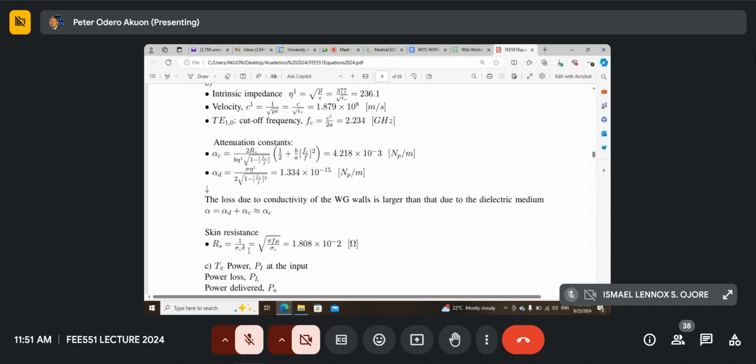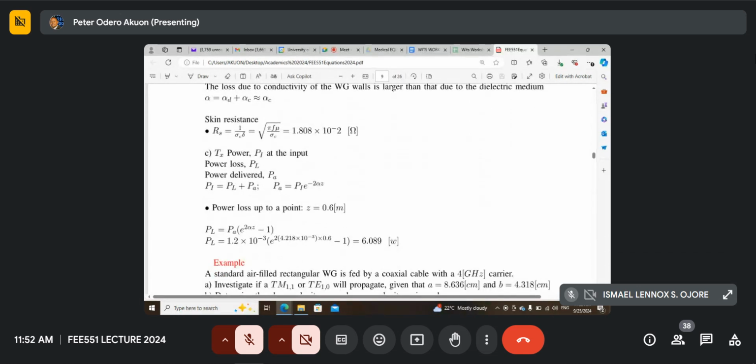The skin depth is 1 over root of pi f mu times sigma, which is the conductivity. And we have another conductivity here. So if we put the square root, we'll have root of pi f mu over sigma c. That will give us the skin resistance, which we need in the calculation for the attenuation constant.